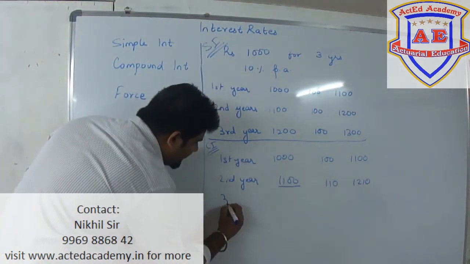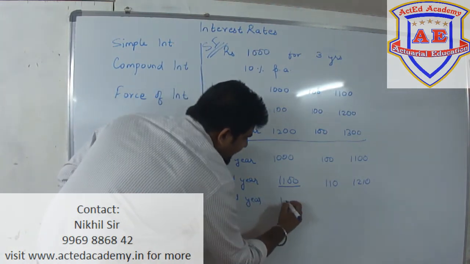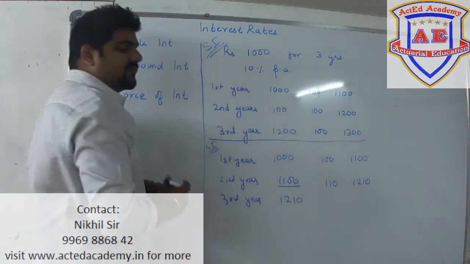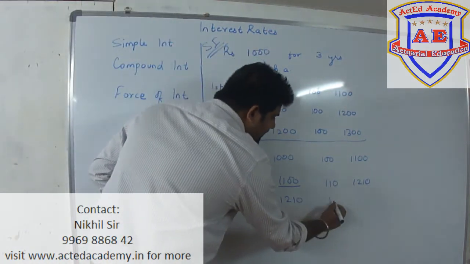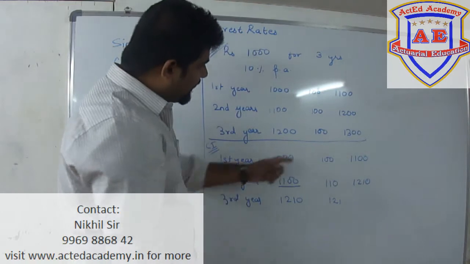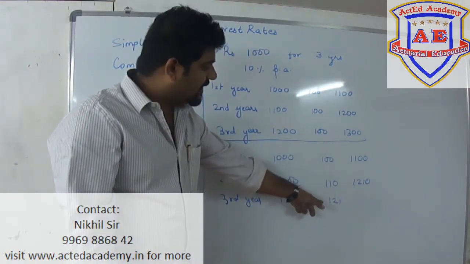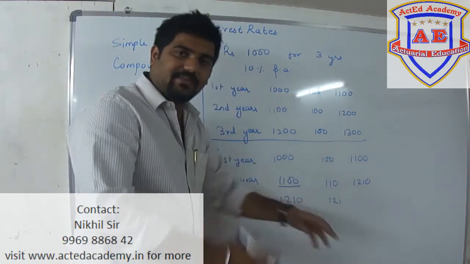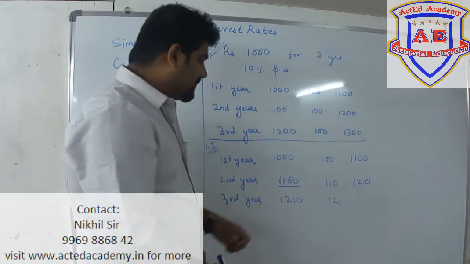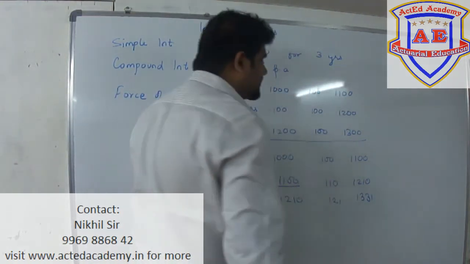So basically, when we go to the third year, I have a starting capital of 1210. 10% of this will give me 121. See, look at the difference: 100 rupees over here, 121 rupees over here. Are you understanding? So my interest of 121 is going to be added to my present value and I will be getting 1331 rupees.